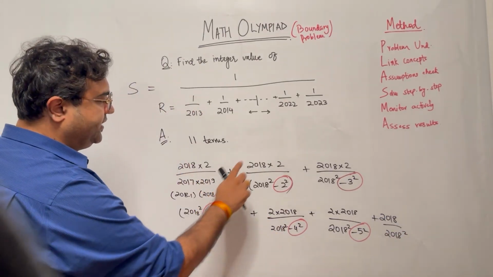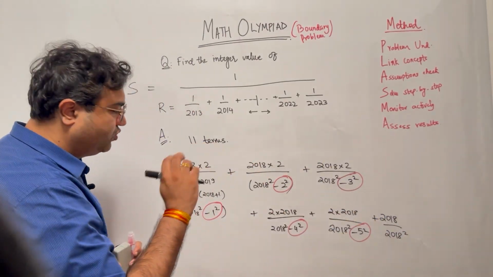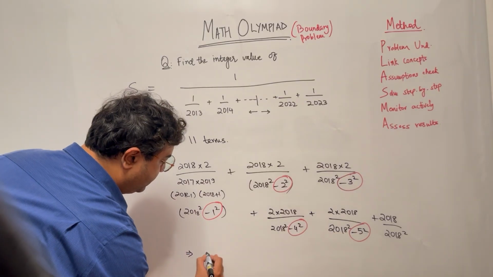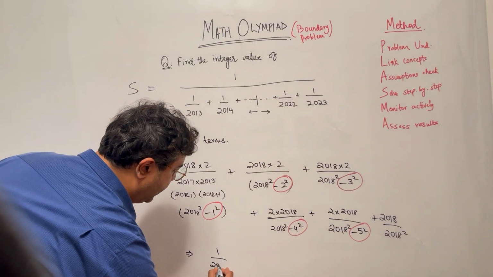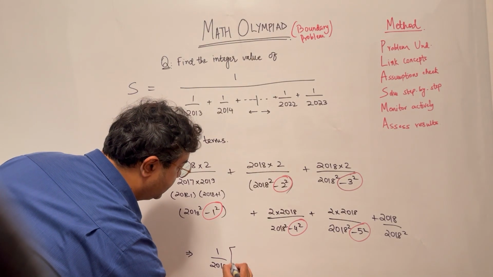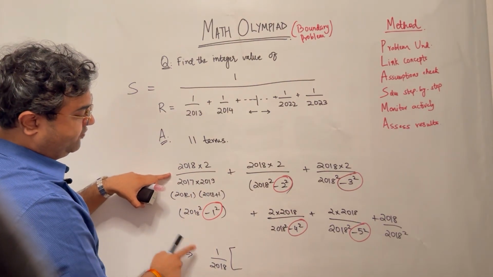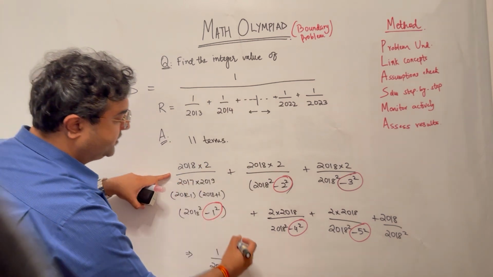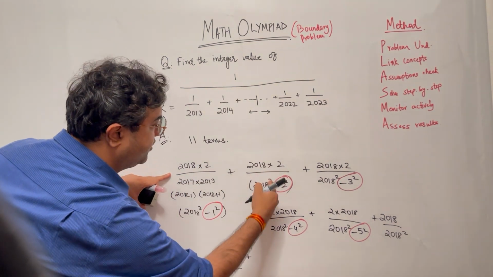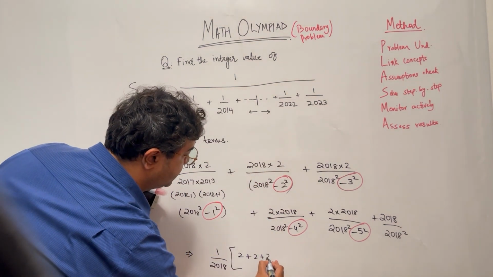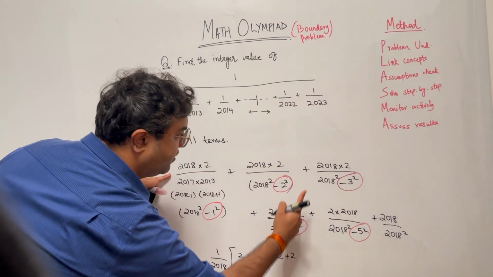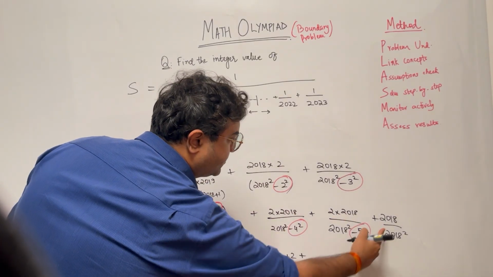So all these 2018 will get cancelled. So we are left with 1 upon 2018 times, so 2018 will get cancelled here. 1 upon 2018 is out, so this becomes 2, plus here also becomes 2, plus 2, plus 2, plus 2. 5 times 2, and then plus 1.